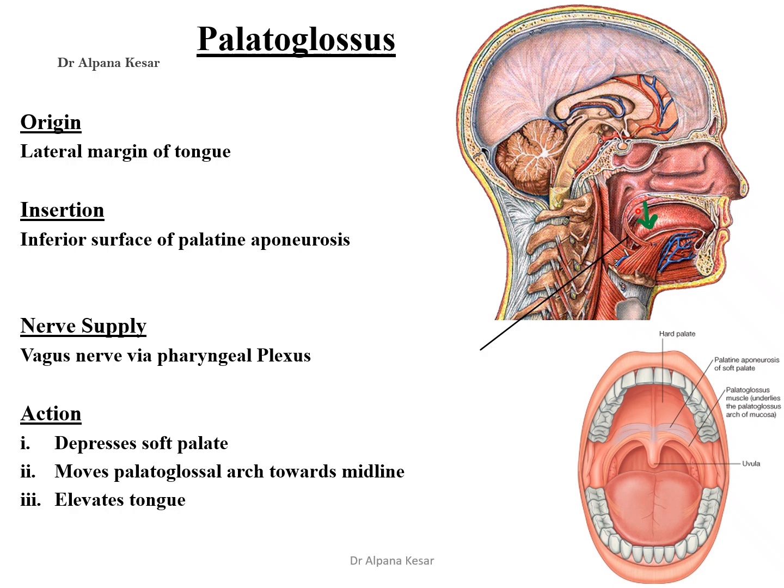When the muscle contracts, it will depress the soft palate, elevate the tongue, and move the palatoglossal arch towards the midline. The nerve supply of palatoglossus muscle is vagus nerve via pharyngeal plexus.